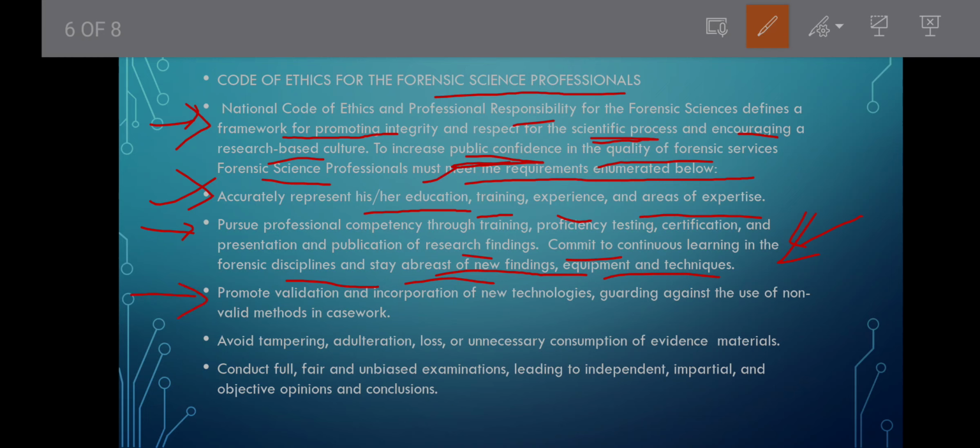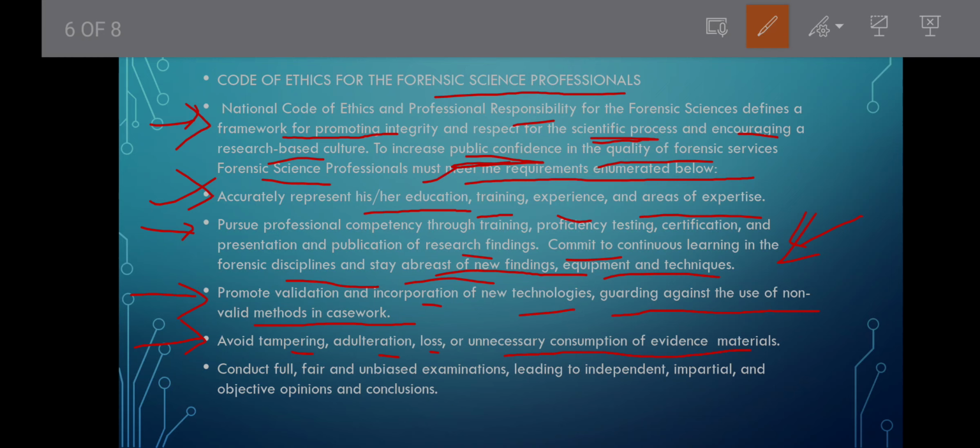Next, promote validation and incorporation of new techniques, guarding against the use of non-valid methods in casework. We have a validation system in the laboratory, so we should only use techniques validated by the scientific community in casework. Then, avoid tampering, adulteration, loss or unnecessary consumption of evidence material.